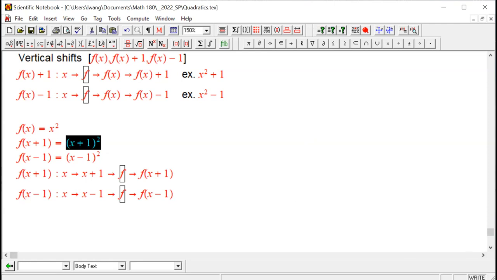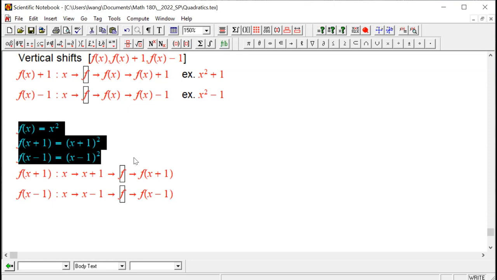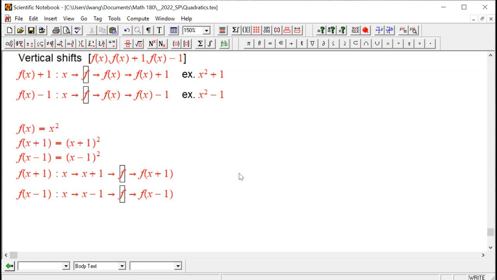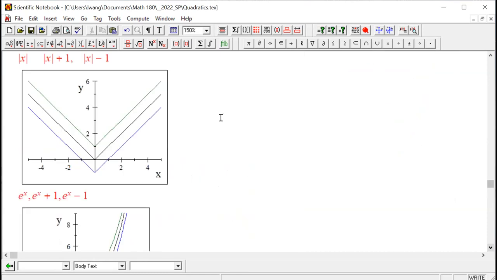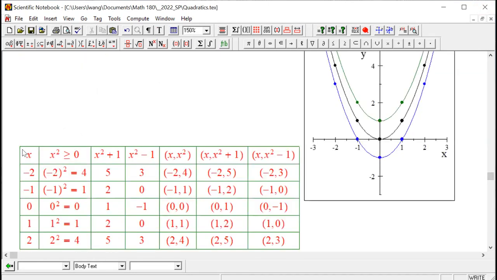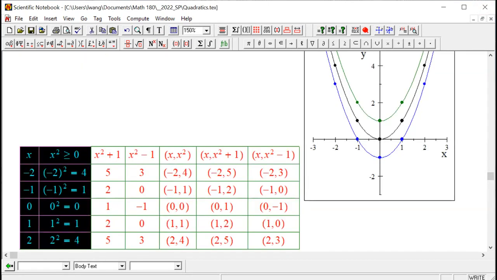So for this reason, we're going to study these three functions. We already studied x squared, so we're just going to borrow that. Hold on, I'm going to take that table.